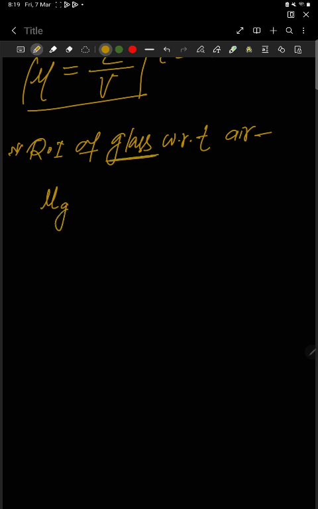So glass should be written on this side, and with respect to air, so air should be written like this. So a mu g is equal to, just now I have told you, speed of light in air divided by speed of light in medium.